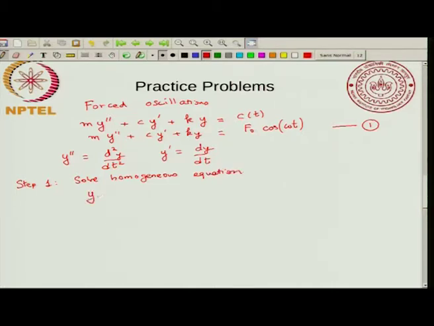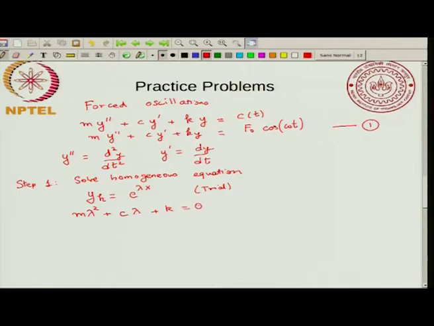Here you will get yh equal to, as we said, the general solution, where you start with a trial solution. The trial solution that you make has this form, e to the lambda x. When you put this in the homogeneous equation, you will get m lambda square plus c lambda plus k equal to 0.